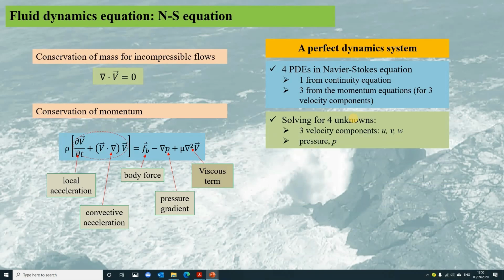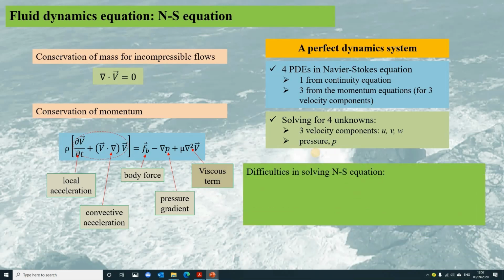The Navier-Stokes equation is used for solving four unknowns: three velocity components u, v, w along the x-axis, y-axis, and z-axis respectively, and the fluid pressure P. Therefore, the Navier-Stokes equation itself is a closed system.